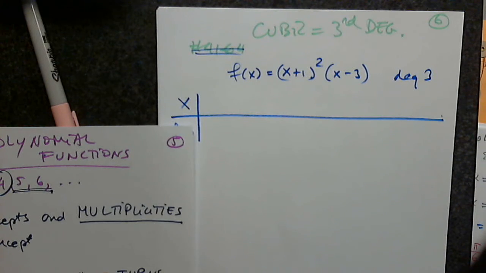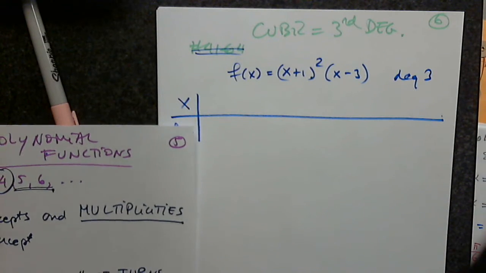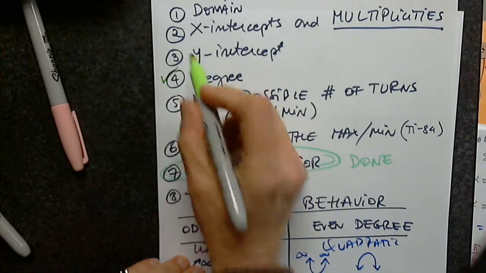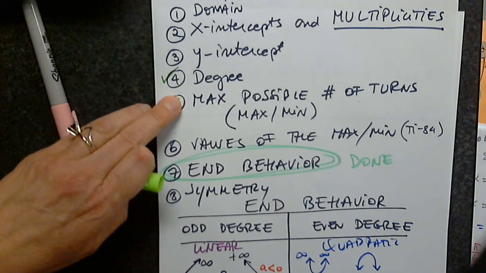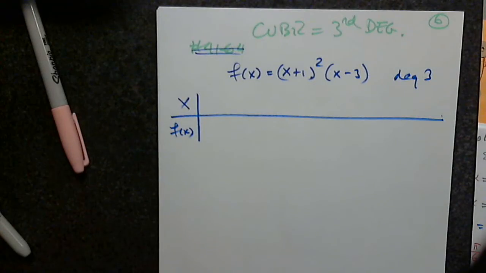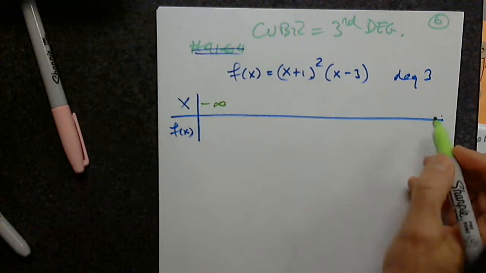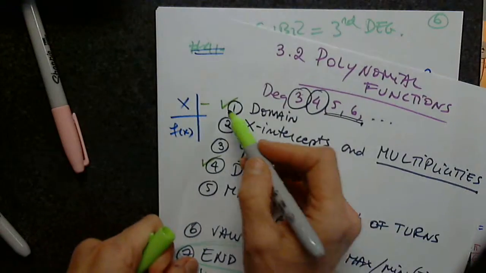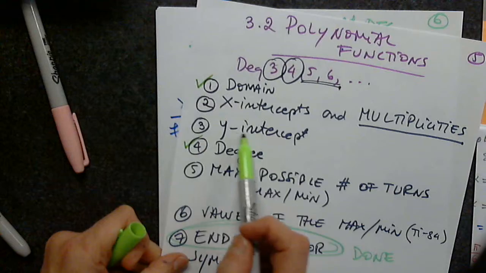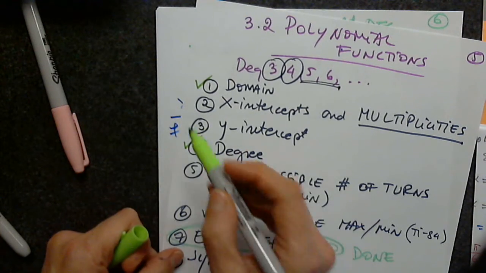So here's my list of 7 items. We established the degree already, correct? Now I would like the domain. What is the domain of a polynomial function? Forever. Very good. So I'm done with the domain. I want to find the Y-intercept because that's easy.